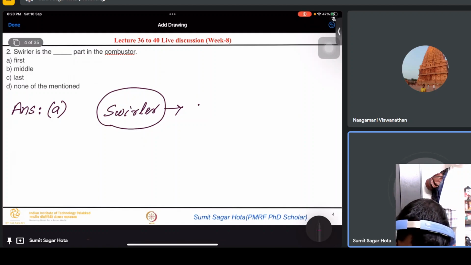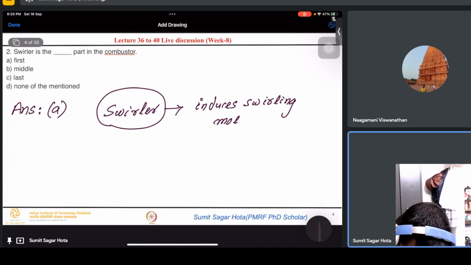It induces swirling motion, and it is in the first part of the combustor.